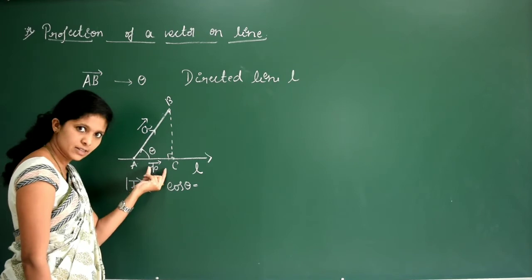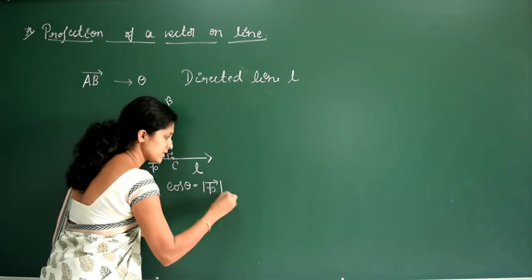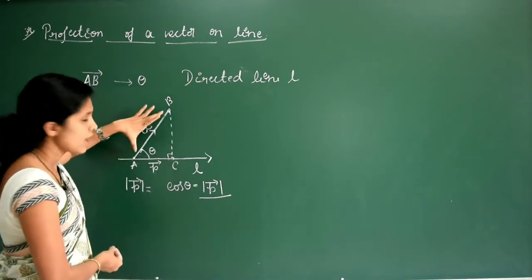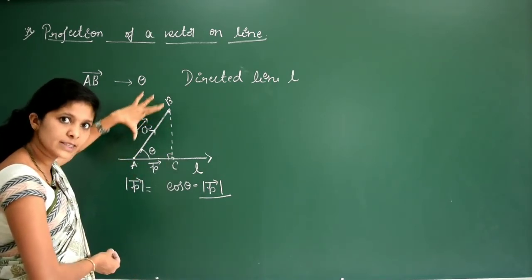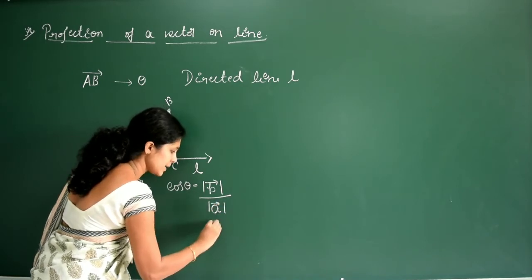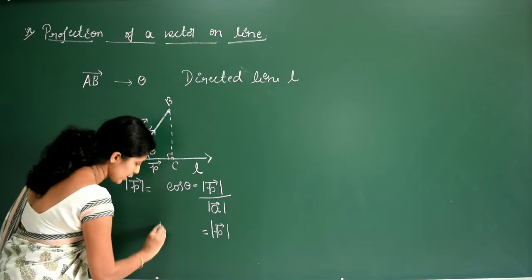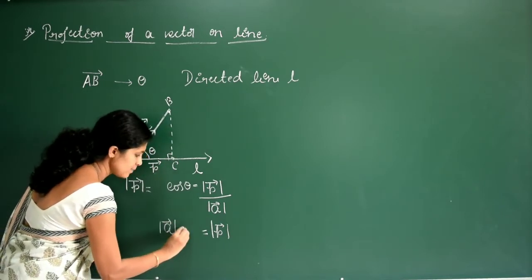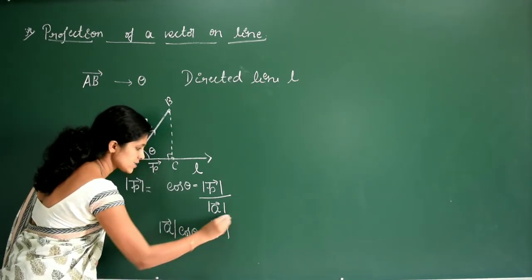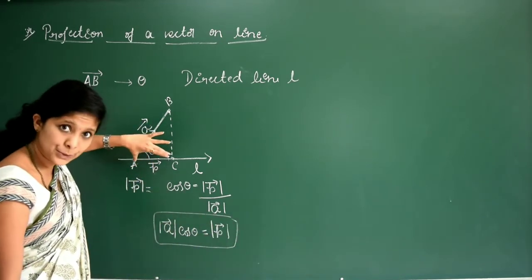This is P vector, so length means magnitude of P vector, divided by hypotenuse, which is A vector, whose length is the magnitude of A vector. By using this we can write magnitude of P vector is equal to magnitude of A vector into cos theta. So this is the length, I mean the magnitude, of P vector.